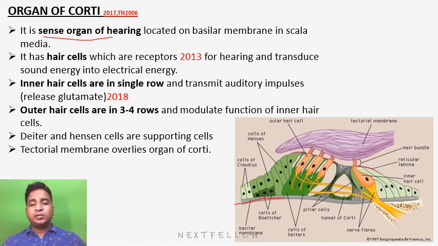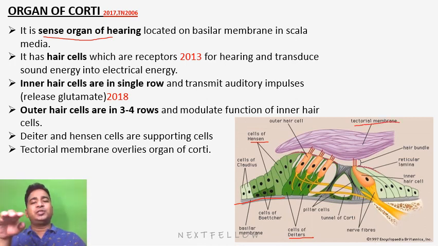Then there are other cells also, which are known as the Deiters cells and the Hensen cells. You can see this is the cell of Hensen and the cells of Deiters. Okay, these are some of the supporting cells, and you can see in the diagram also, the outer hair cell projections are lying in some jelly-like material which is known as the tectorial membrane. So understood what the tectorial membrane is?